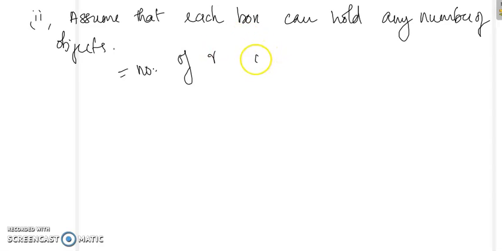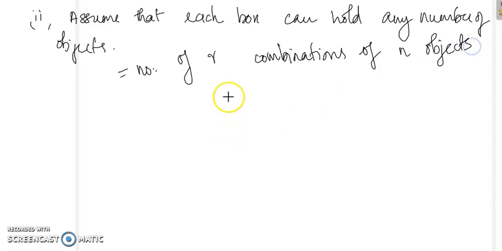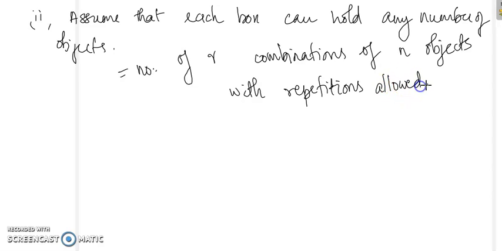So we have r objects, and to place the r objects we need to choose boxes. There are n boxes, so those n boxes can be chosen with repetitions.